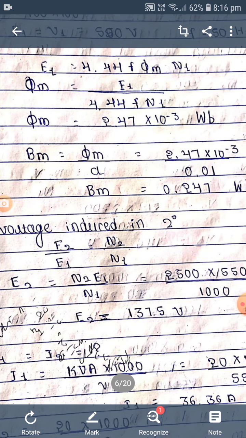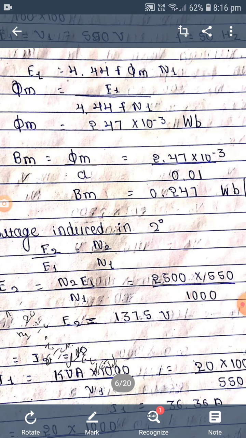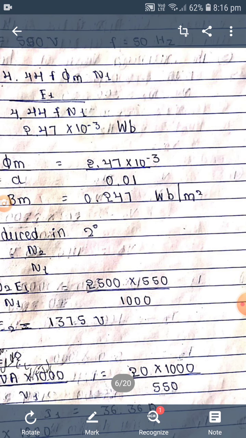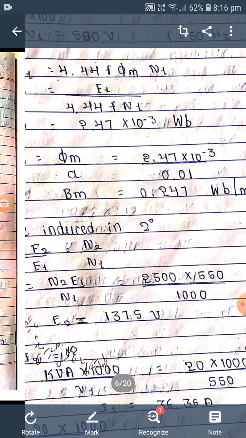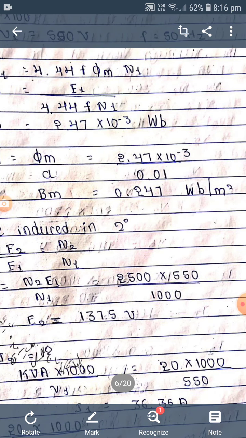Then the flux density in the core, the first parameter asked, is Bm equal to φm by A, that is 2.47 into 10 raised to minus 3 divided by 0.01. Then Bm will be 0.247 Weber per meter square. Similarly, the induced voltage in the secondary winding you can calculate: E2 divided by E1 is equal to N2 divided by N1.